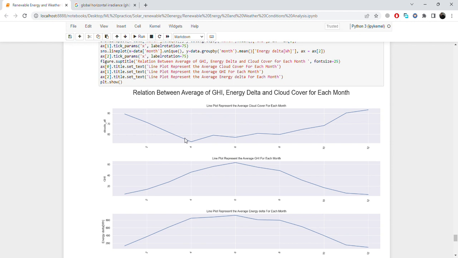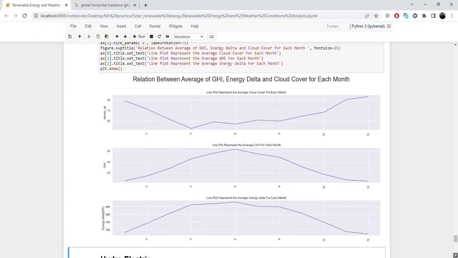Now solar energy production is qualified for the snow effect, and we also qualify for the cloud effect. There is no cloud, or there is some cloud, but the effect will be minimal.